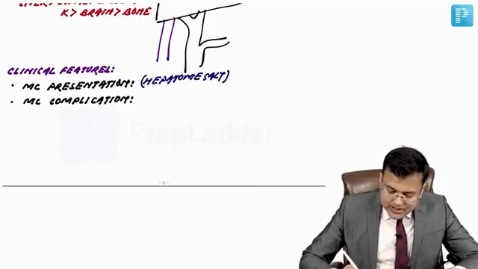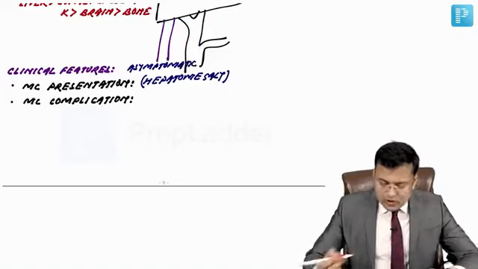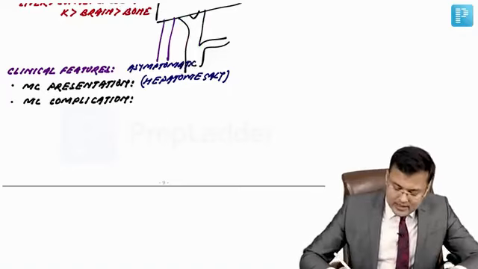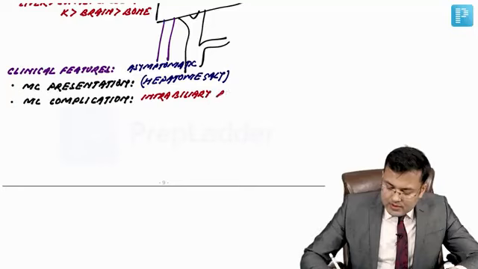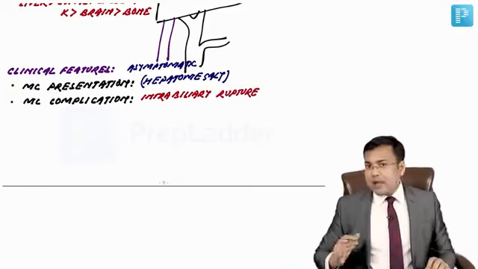So majority of patients are asymptomatic. Okay. And what is the most common complication? It's the intrabiliary rupture. Intrabiliary rupture. Okay.